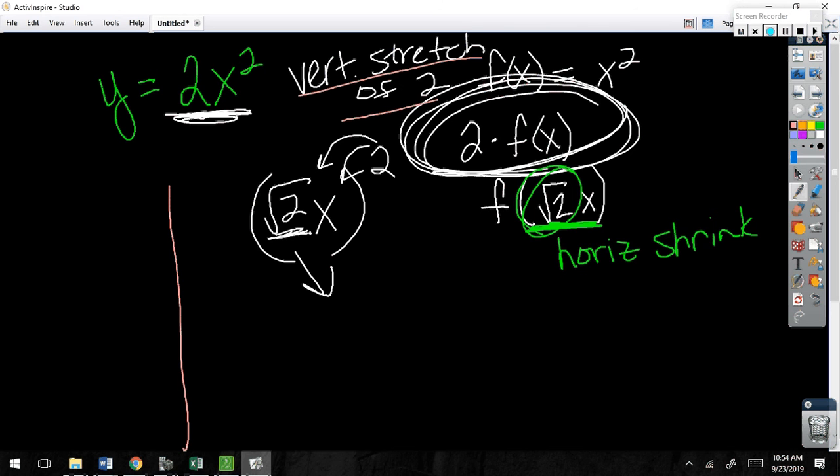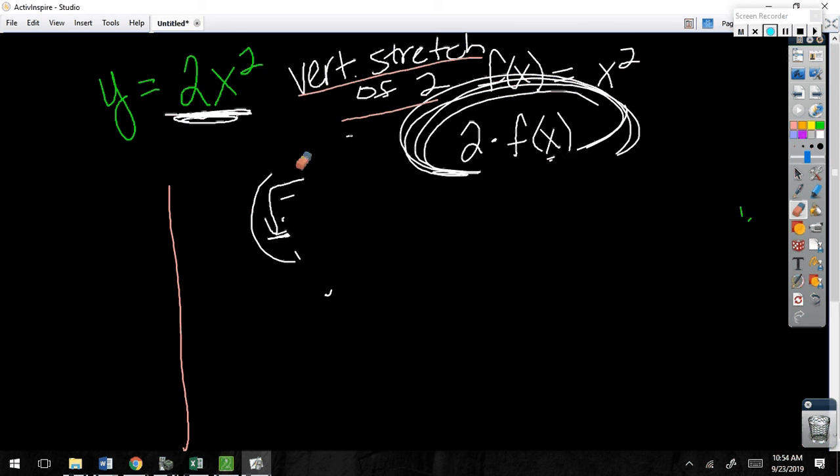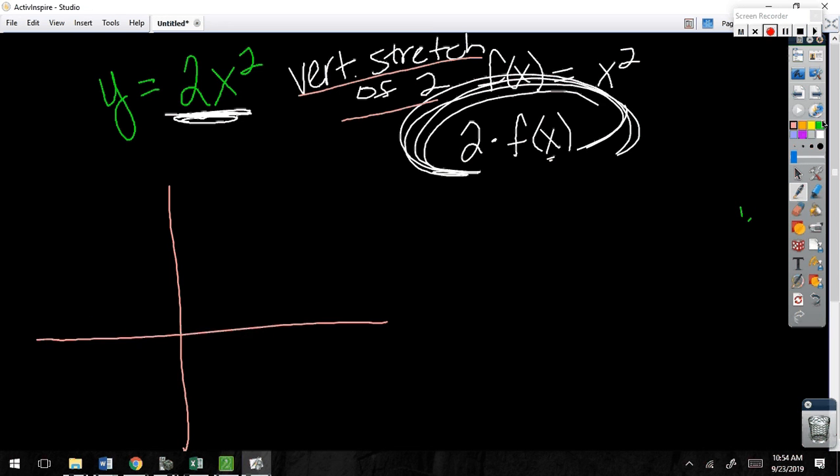All right, I'm going to erase all this for just a second. If I have my parent graph of x squared, right? I'll try to put y'all a little cheat sheet on Classroom because I won't have time before you leave today. All right, my parent graph is x squared, which is 0, 0, 1, 1, negative 1, 1, and I'll just leave it at that.